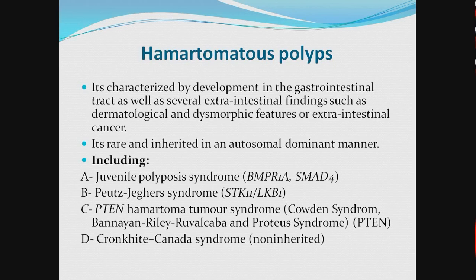Number 3, PTEN Hamartoma tumor syndrome, also called Cowden syndrome, familial Bannayan-Riley-Ruvalcaba syndrome, and Proteus syndrome. So this is the short term of PTEN. And the fourth type is Cronkhite-Canada syndrome, which is non-inherited. So there are different types of diseases, and all of these diseases are included in the single term called Hamartomatous polyps.